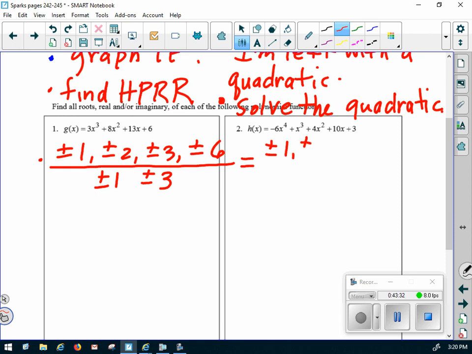Plus or minus 1, 1/3. I'm going to go that way. I stay organized better. Plus or minus 2 over 1 and 2 over 3. Plus or minus 3 over 1 and 3 over 3, which we've already got. Plus or minus 6 over 1 and 6 over 3, which we've already got. What's the next step? Graph that sucker.